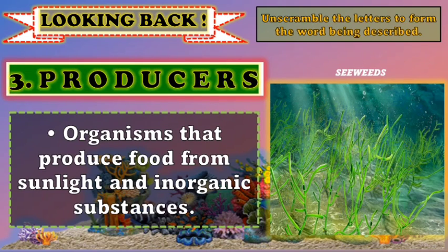So producers are organisms that produce food from sunlight and inorganic substances. Usually these are grass or plants, because they have the ability to make their own food by the process known as photosynthesis. So usually the producers are the plants or the grass. And an example of this is seaweeds.